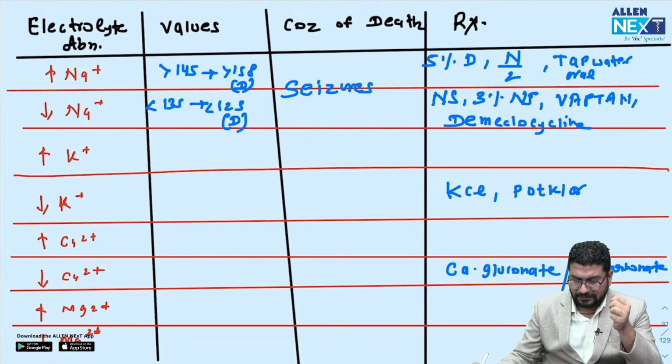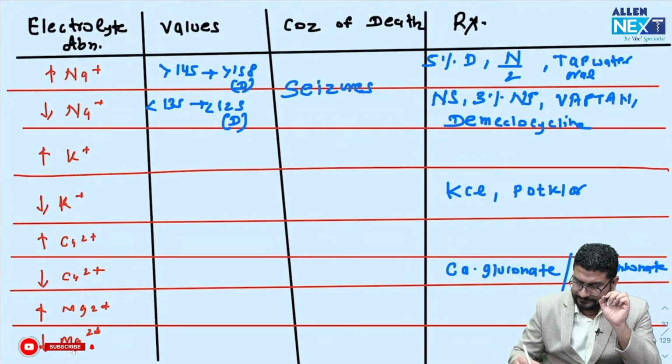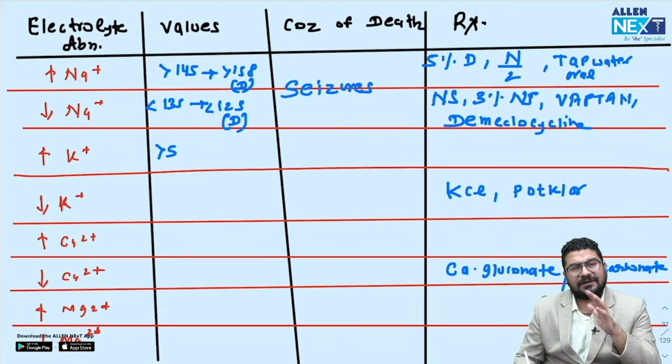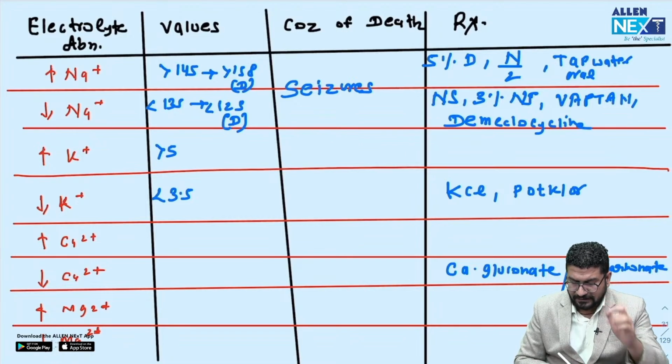Now, coming to the potassium range. Potassium has a narrow therapeutic range, that is 3.5 to 5. More than 5, we call hyperkalemia. But remember, up to 5.5 we call this asymptomatic hyperkalemia. Sometimes patients taking ACE inhibitors can develop this type of asymptomatic mild to moderate hyperkalemia. Less than 3.5, we call hypokalemia. Now try to understand this.